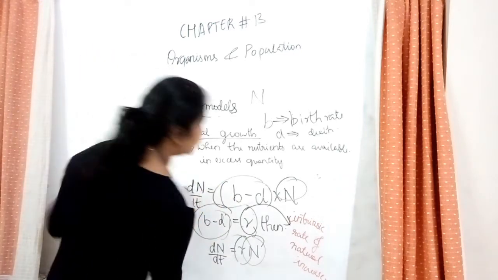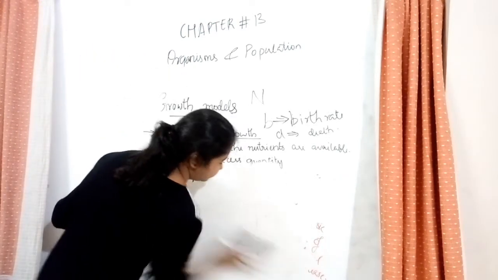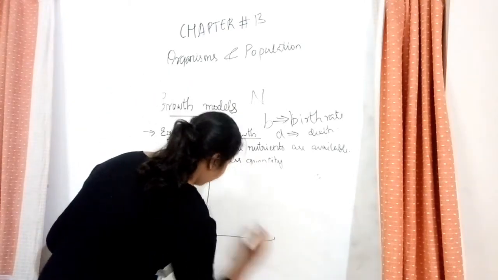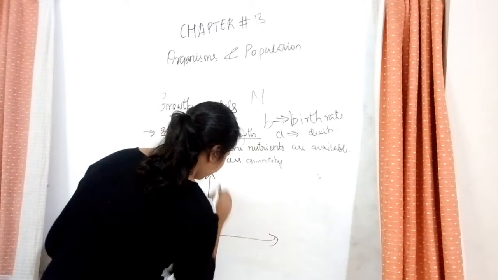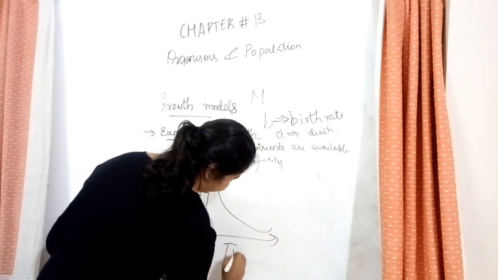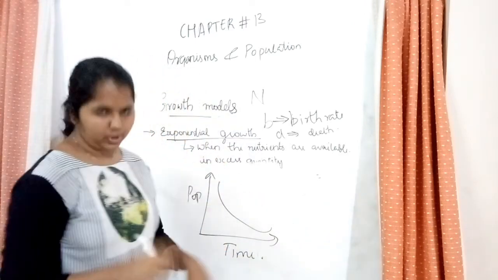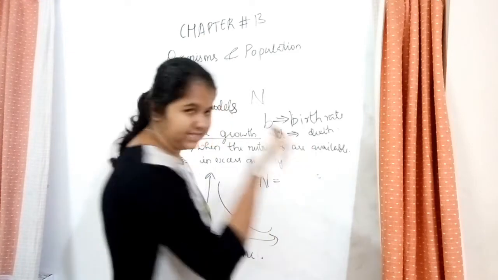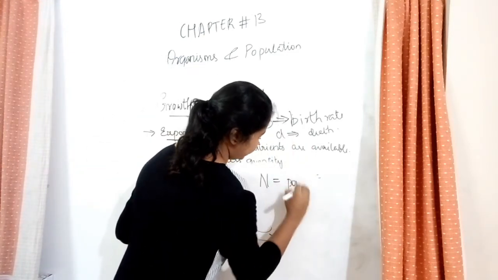So we have a graph to learn over here. So let's see the graph. This is population growth and this is time period. So this is the graph that we obtain. Now let's discuss all these terms. What is N? N is the population density.